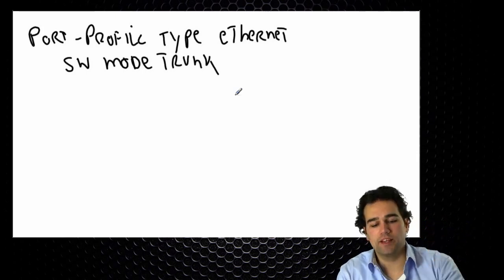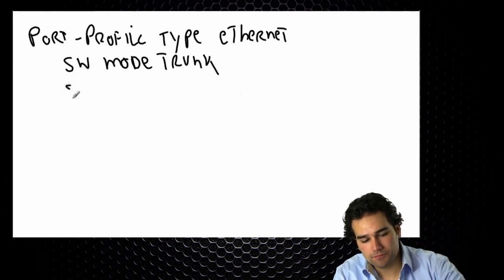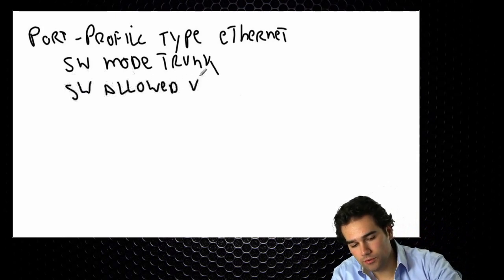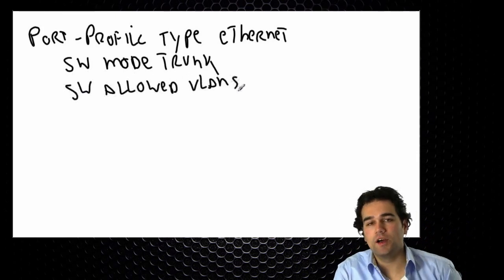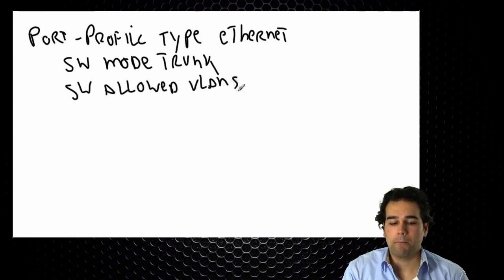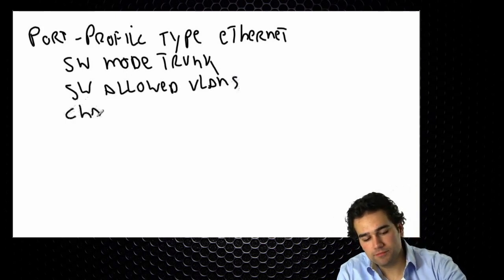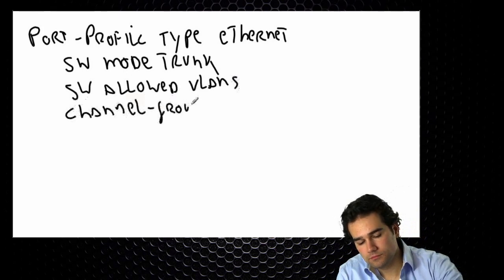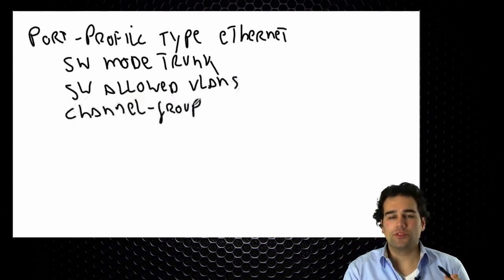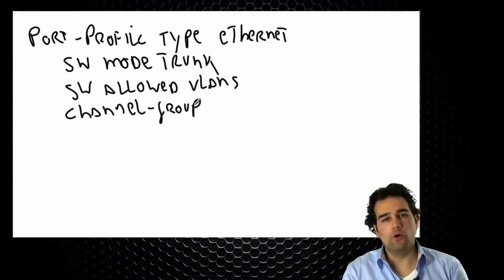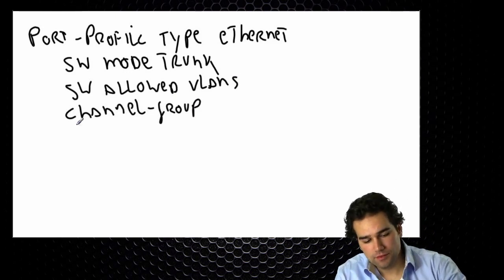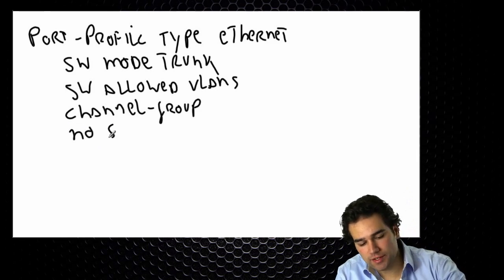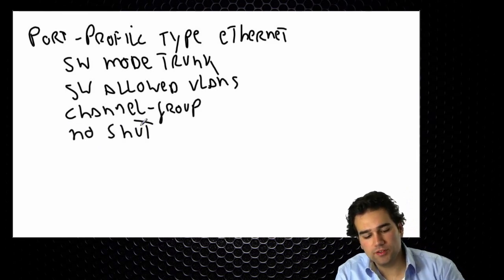I need to have multiple VLANs. So switchport mode trunk, allowed VLAN list, the normal configuration you would expect from an uplink on a switch. Channel group configuration. And then I have 3 commands that I always need to enable. Those are Nexus 1000V specific, or one way is no shut. I need to no shut the port profile, so no shutdown.